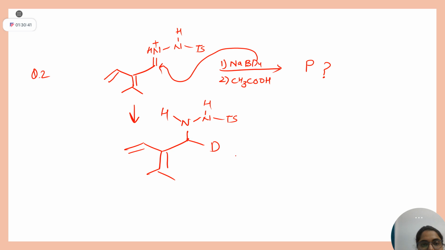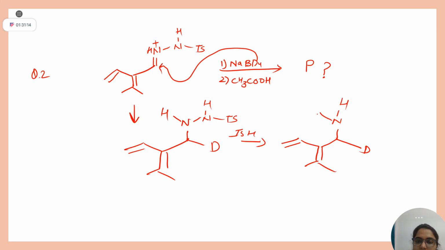Clear? I hope it is clear to everyone that it transfers. Now, though it is very simple, you have to just look. Before that, you have to leave this tosyl group. Now, one more question will arise in your mind. It is your D. Okay, N double bond NH.